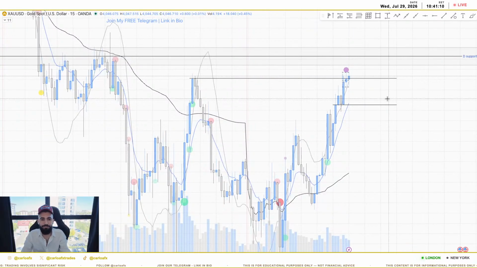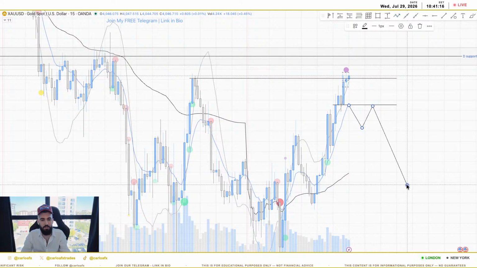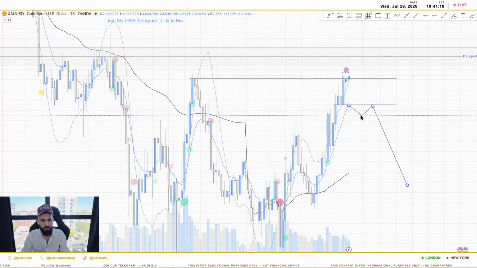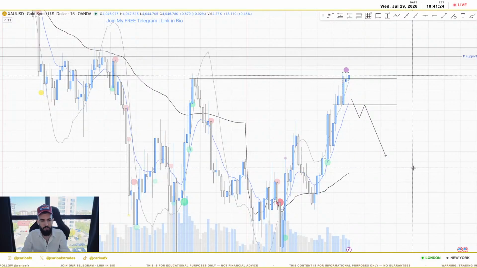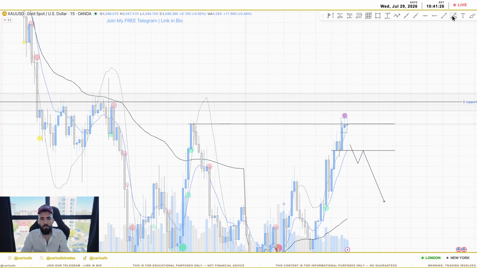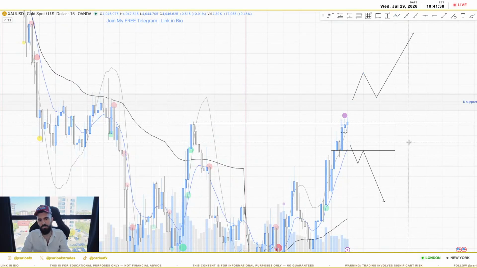Alright, so at this point we have two options. Either this one right here, or if it's not this one, I'll buy from right here. One of two.